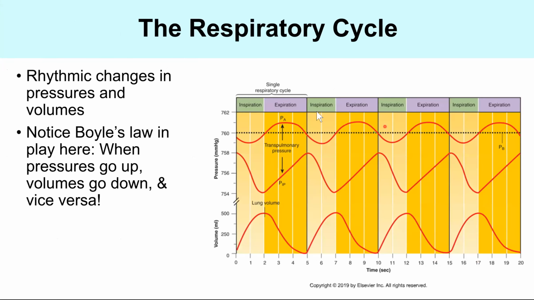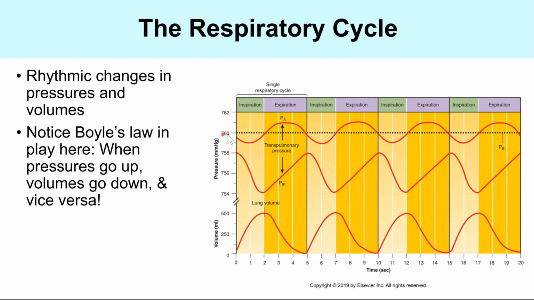So if we look at this from a big scale of what exactly is going on with pressures and volumes during respiratory cycles, we can see the pressure in the alveoli, the pressure inside the lungs here.